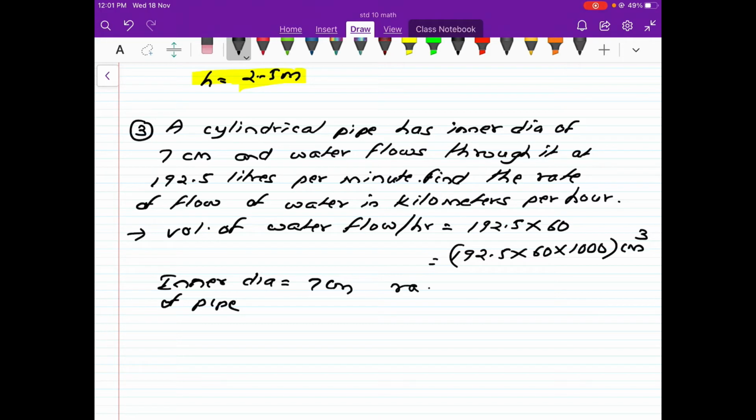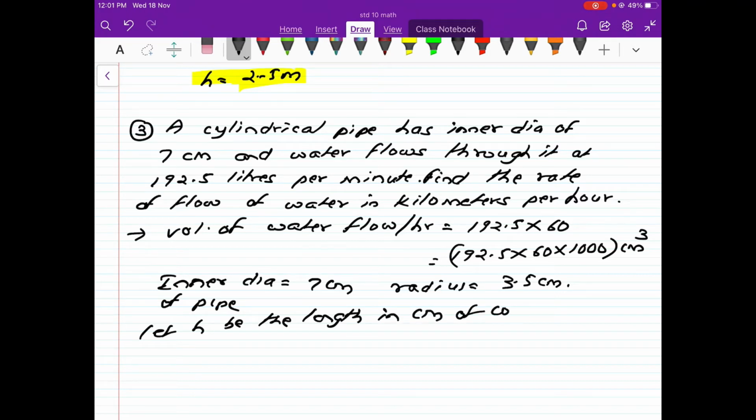So the radius will be 3.5 centimeters. Now let h be the length in centimeters of the column of water that flows in 1 hour, because when it flows it will fill up a column in 1 hour.